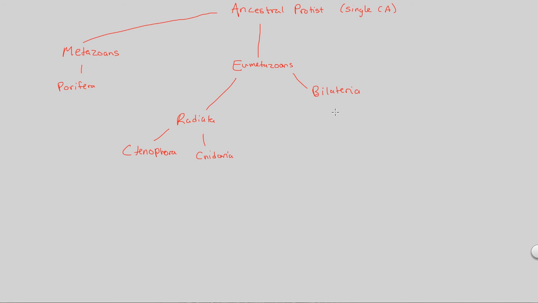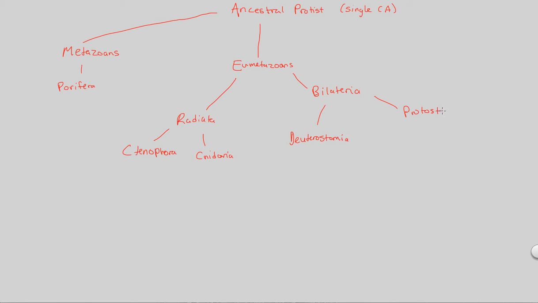Good. In bilateria, we have another subclassification to choose from, and that is the idea of deuterostomia, so second mouth in terms of developmental mode, or the fact that you can be protostomia, first mouth.